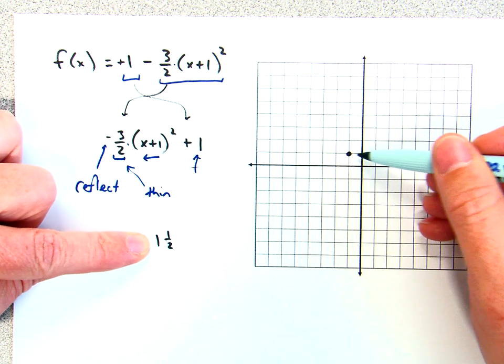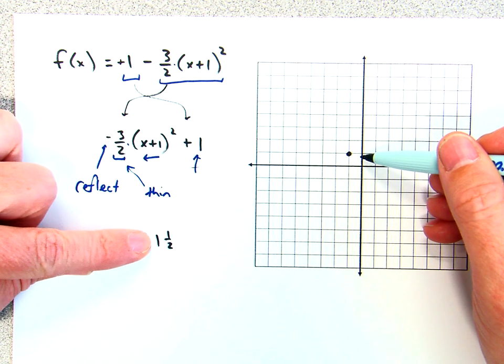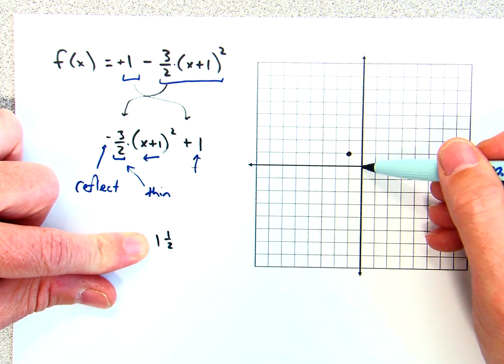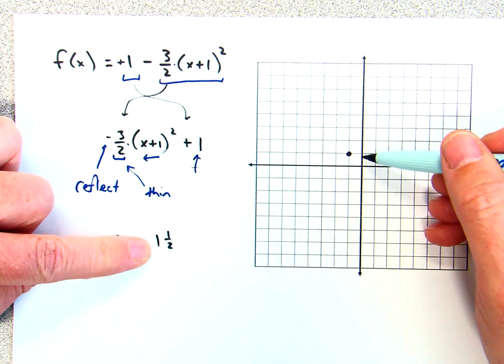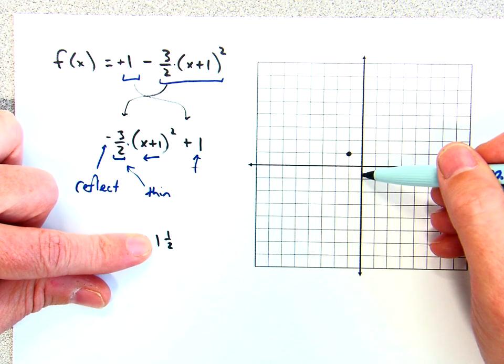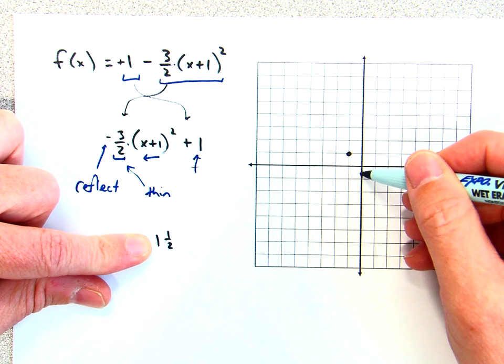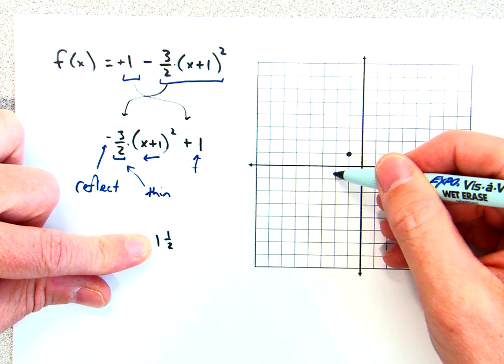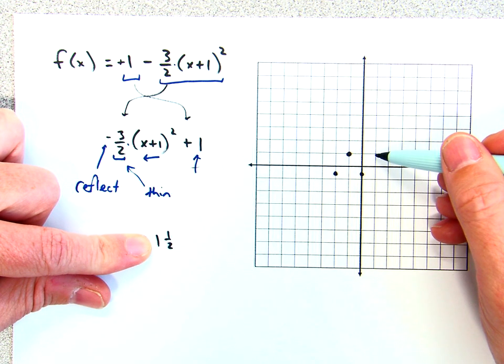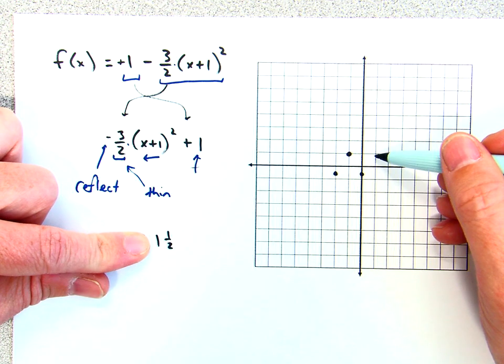So if I go out 1, I want 1.5 times my height. Normally I'd go down 1, because it's negative, so now I'm going to go down 1.5.